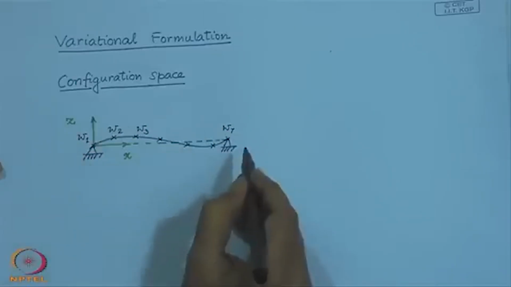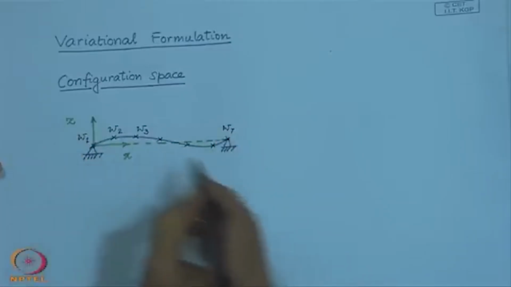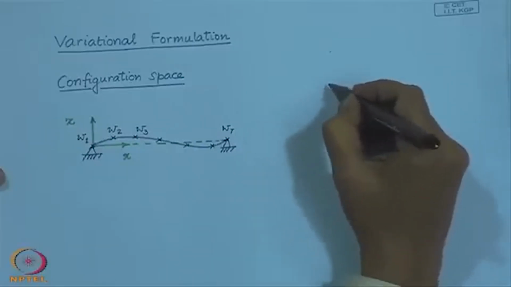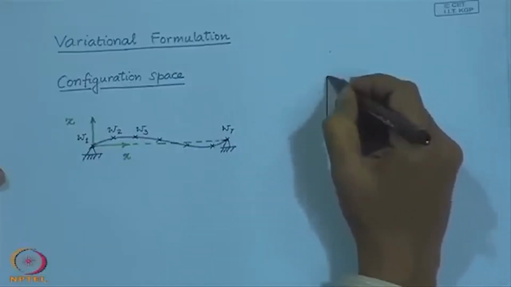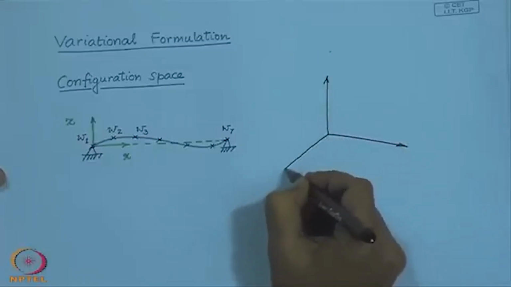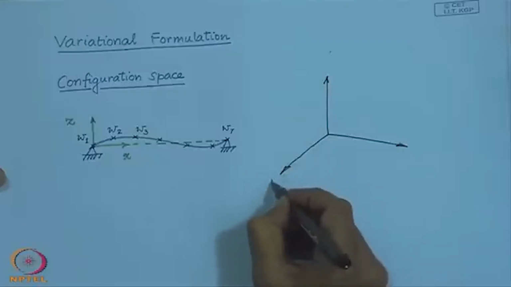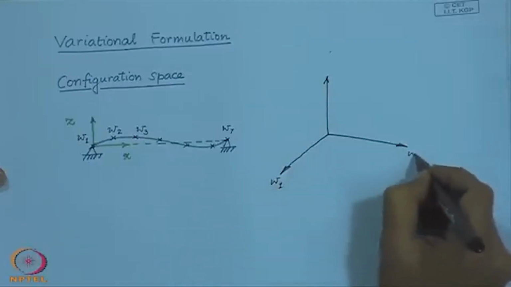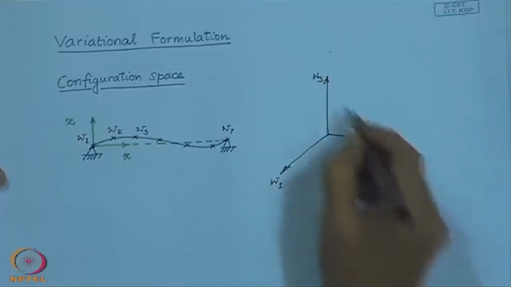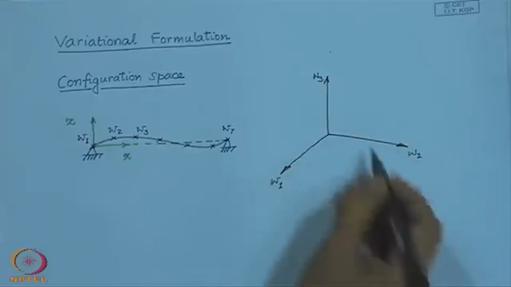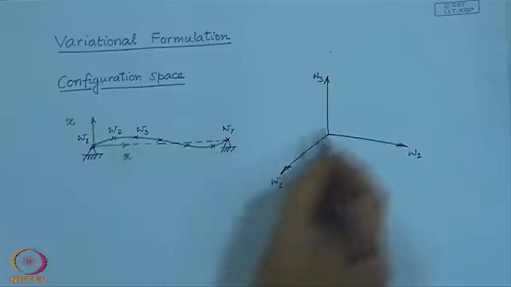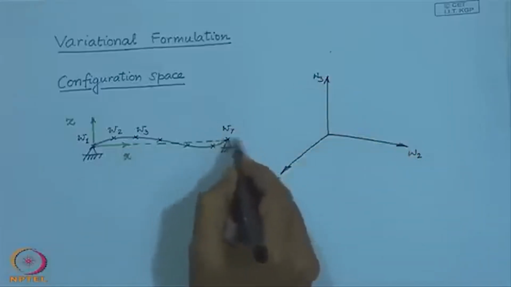Now, to visualize this configuration of the string at this instant, I can think of a Euclidean like space. Here, I have taken 3 axes, and that is the best thing I can draw: W1, W2, W3, and then there are axes like this up to W7.